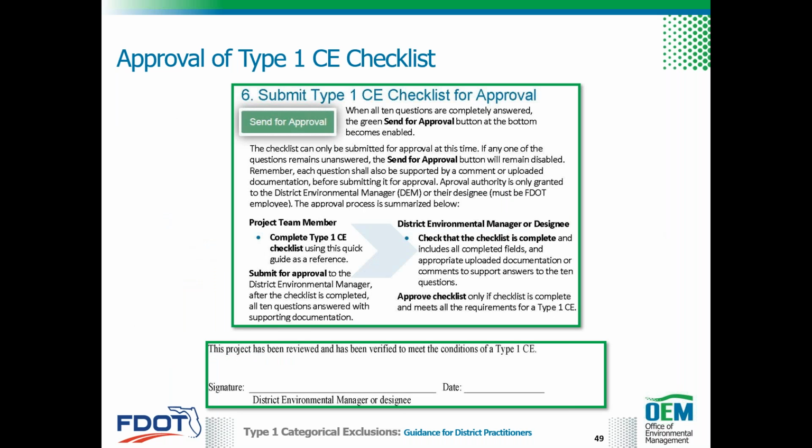In SWEPT, after the checklist is completed, the green Send for Approval button becomes enabled. And once a Type 1 CE checklist has been approved by the District Environmental Manager or designee, it's going to be visible on the project page in SWEPT.